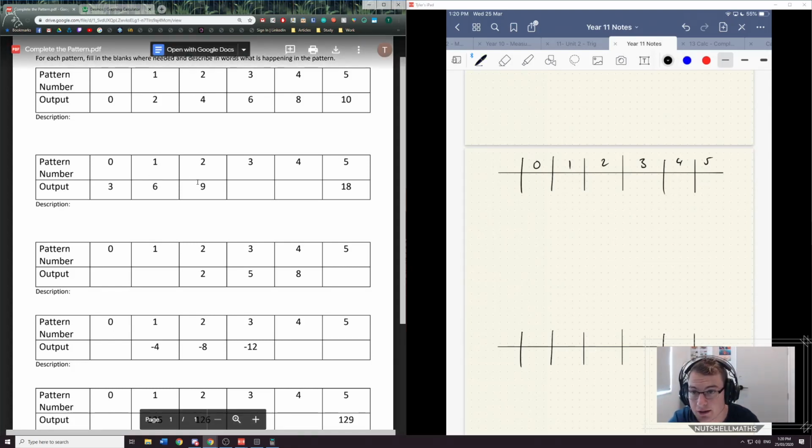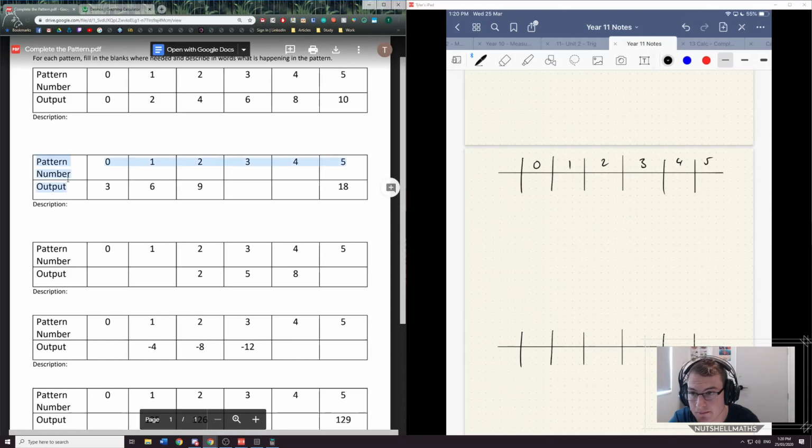In this first pattern here, I'm doing this one now. So we've got 3, 6, 9. Can you tell me what the next 2 numbers will be, please, in the chat? And then also, what is our step and what is our starting point?